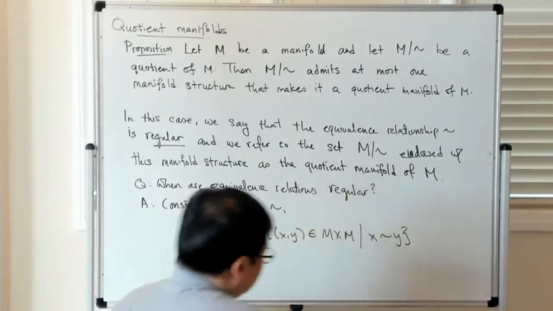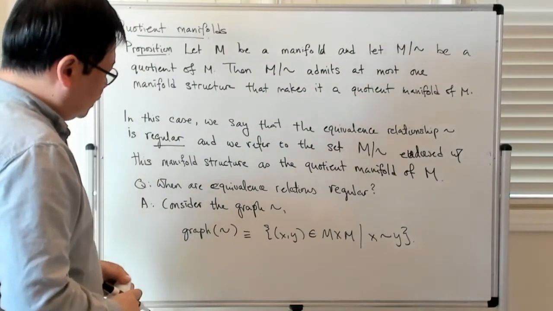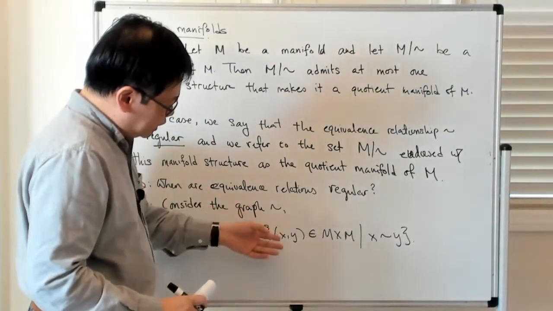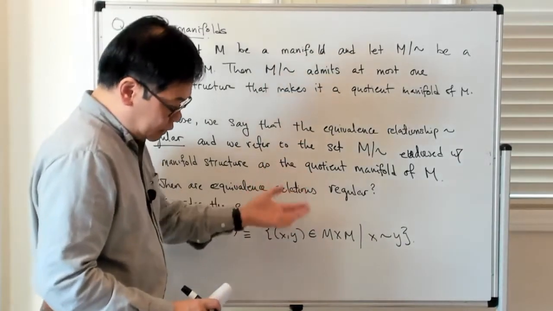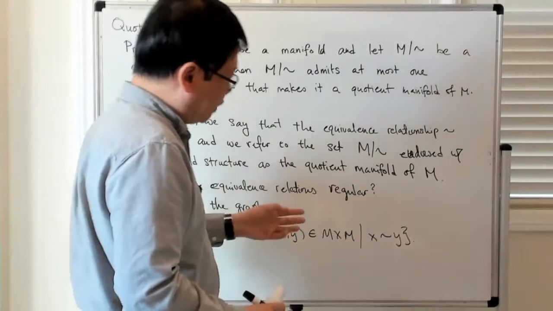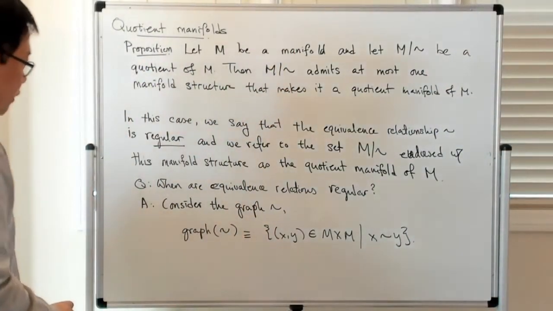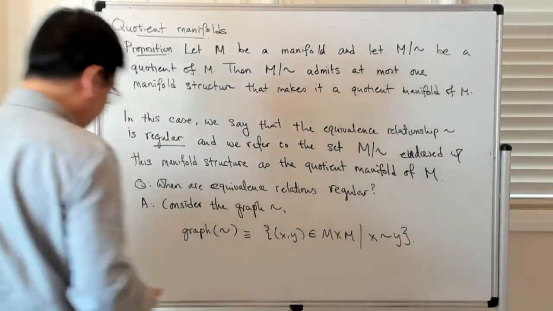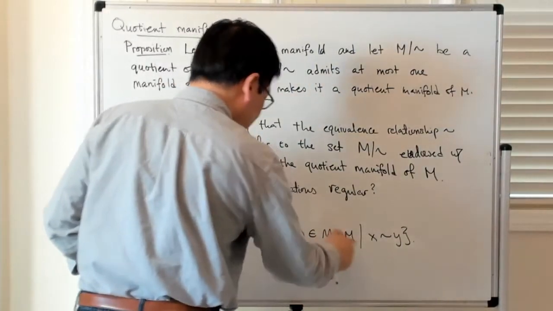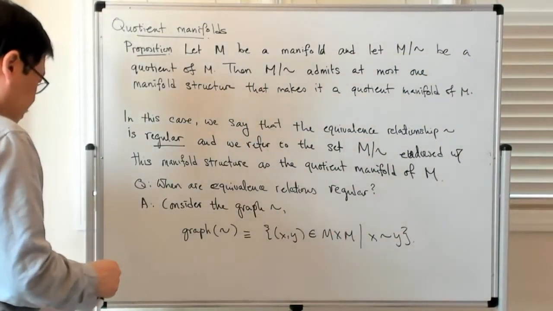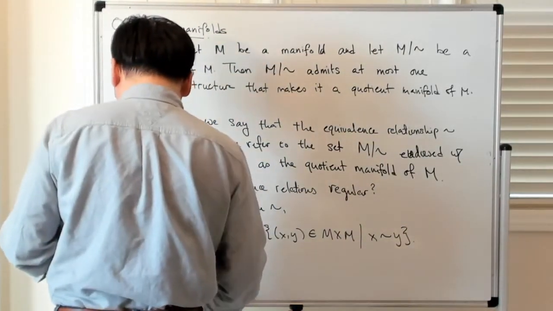So if instead, for example, you had a function f from X to Y, then the graph of that function f is the set of points x and y in X cross Y with the property that y is equal to f of x. That's the usual notion of a graph which you're familiar with, and this is the natural analog of that, where you think of the equivalence relationship as a relationship between two points on the same manifold. So you consider this graph.